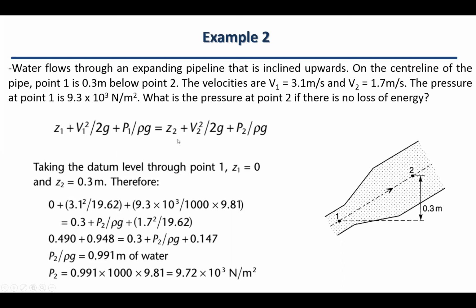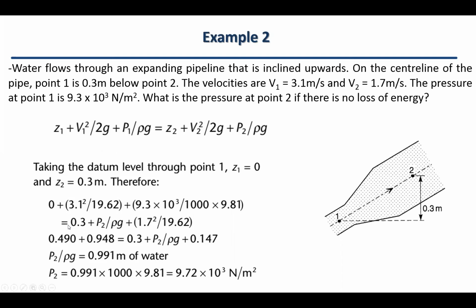This is equal to 0.3, the elevation head for point 2, plus P2 over rho g, plus the velocity term for point 2. So P2 is the unknown variable. V2 is given to us as 1.7 squared over 19.62.